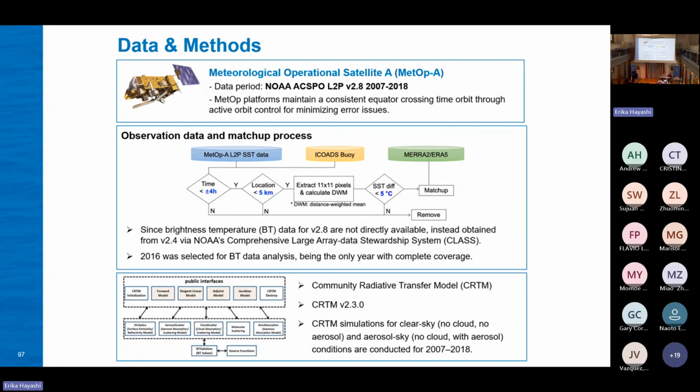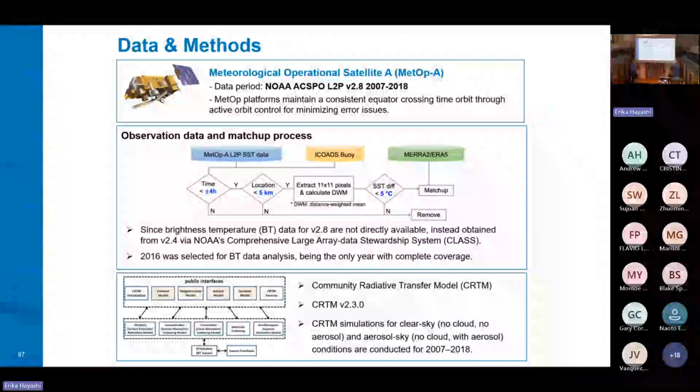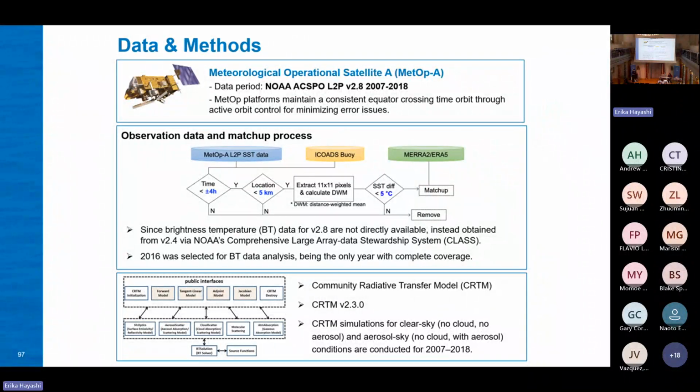To assess the SST bias, we matched iQuam data with satellite, MERRA-2 and ERA5 with this observation time interval threshold and this distance threshold. 11 by 11 pixels are extracted centered on the matched pixel, and the distance-weighted average is calculated. We also use the vertical temperature observation for 2016 because it is the only full year available in NOAA CLASS. And we ran the CRTM simulation using CRTM version 2.3.